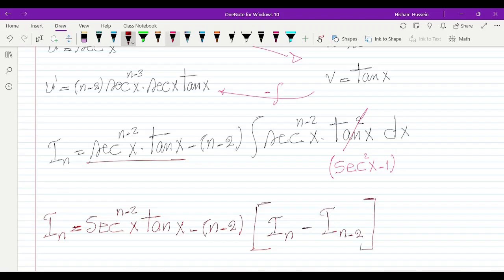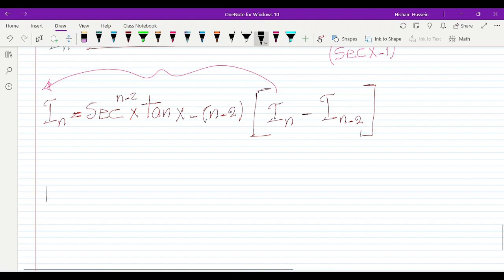Now, solving for I_n, switch this I_n to the left-hand side. We get I_n plus (n-2) I_n equals, keep the first term as it is, sec^(n-2) x tan x.